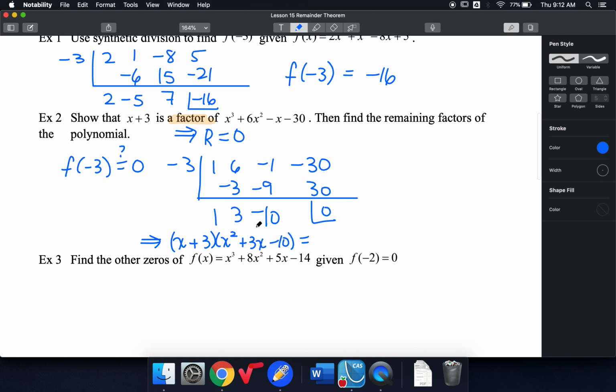Well, I know that this continues to factor, so that's going to be x plus 3 times x plus 5 times x minus 2. So my remaining factors of the polynomial are x plus 5 and x minus 2.